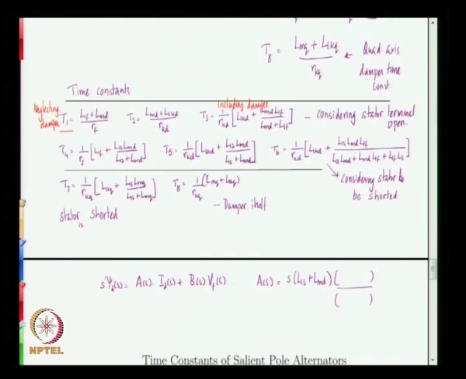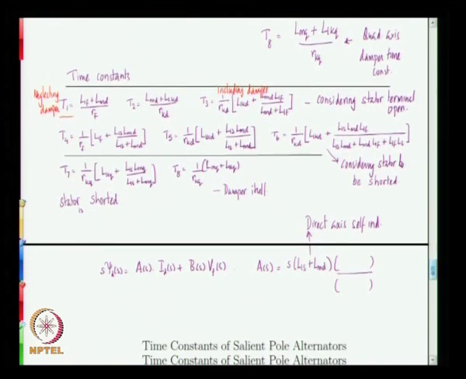Now this inductance is effectively the direct axis self inductance, which we can write as S times x d of S, where x is the direct axis reactance divided by the synchronous speed omega.